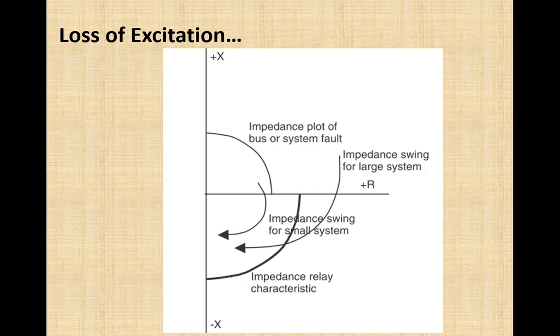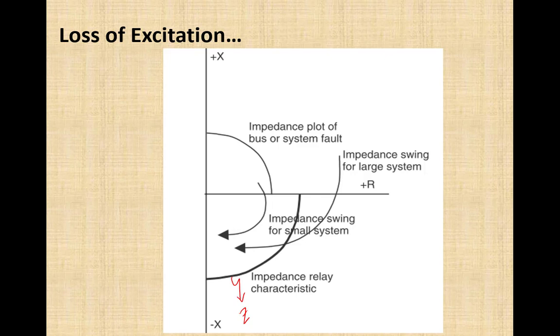Here we are using another impedance relay. So these impedance relay characteristics are used to detect the loss of excitation, because in this region impedance will move over here in case of loss of excitation from the normal condition.